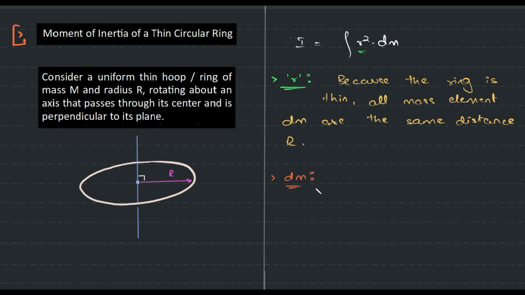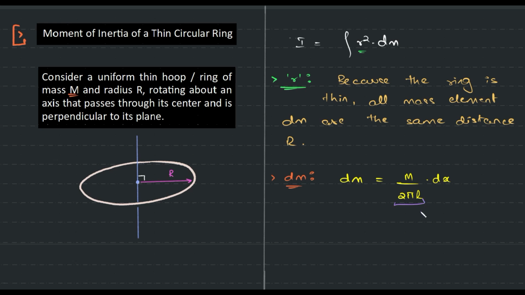So how much is dm? We need to express it in terms of m. So dm will be equal to the mass of a small element, that is m divided by 2 pi r into dx.